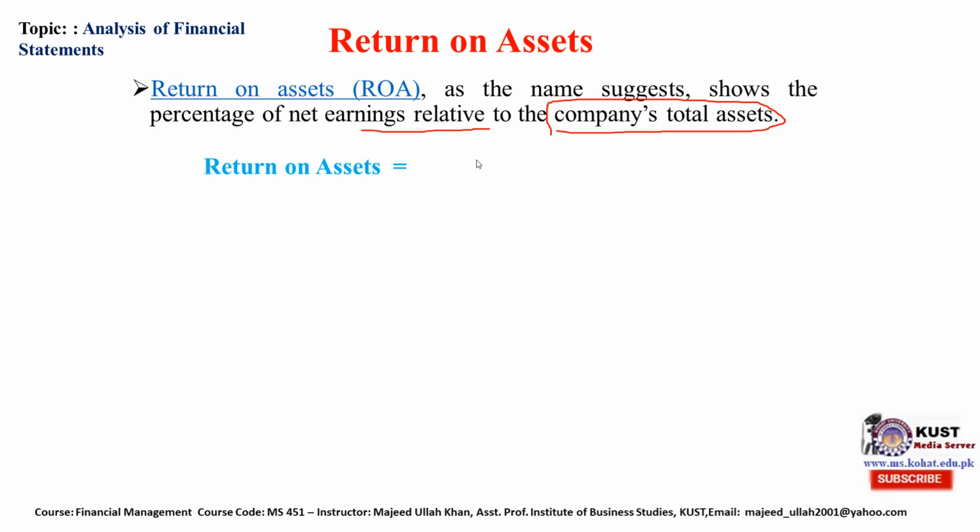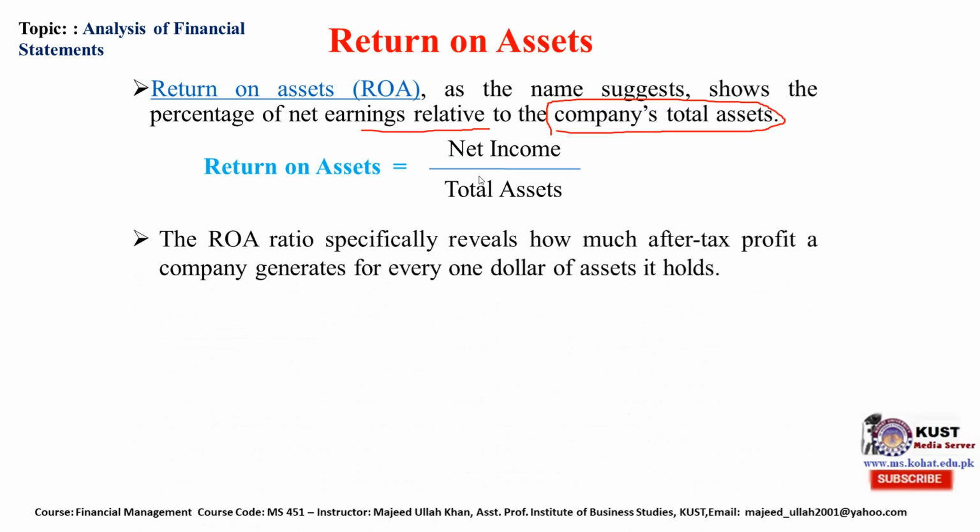Return on asset is calculated by dividing net income by total assets. The return on asset ratio specifically shows how much after tax profit the company generates for every $1 of assets it holds.